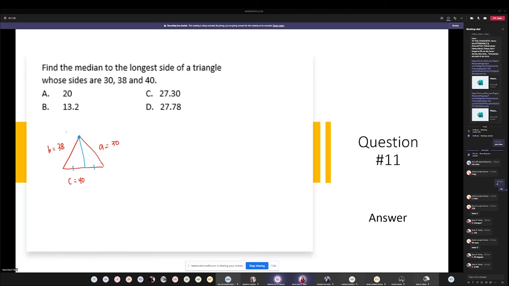So we need to solve for the median. Let's say this is x. To solve for x, let's say I'll get the left part, the left smaller triangle. We put it here below. So let's say this is the smaller triangle.